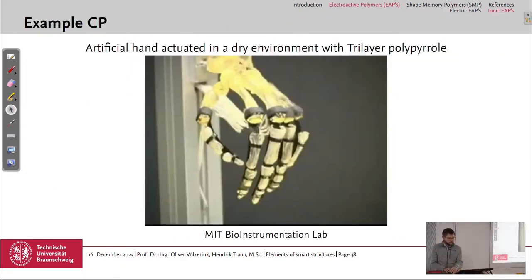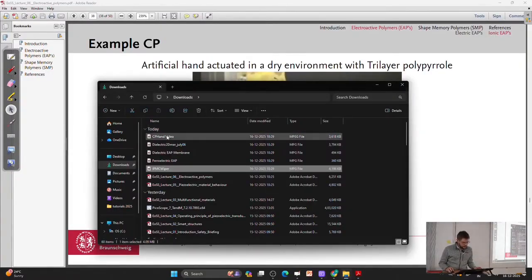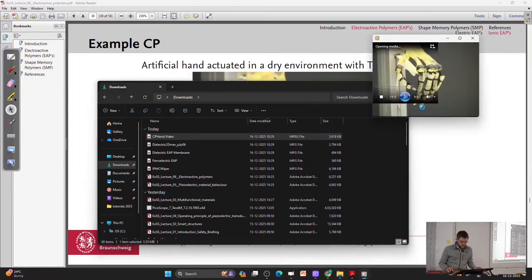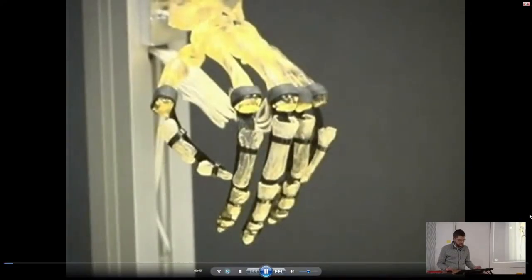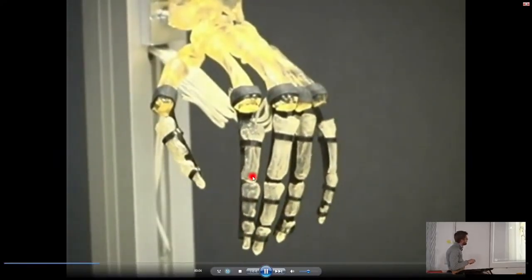But we can also build actuators from these conjugated polymers, and now it's maybe clear why we say artificial muscles to it. So here are actuators from the conjugated polymers.